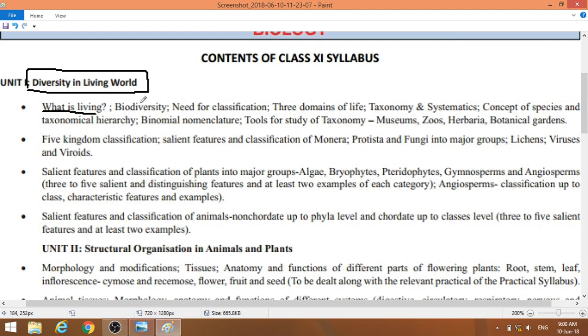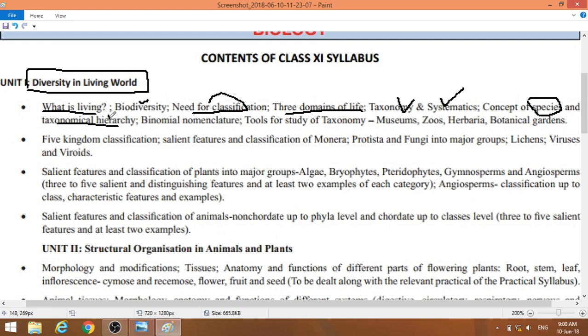Then you have to study the biodiversity, the need for classification, 3 domains of life, taxonomy and systematics, the difference between the 2, then the concept of species. Under species you have to study many more things: subspecies and allopatric speciation, which is also related with the evolution part. Then taxonomical hierarchy.